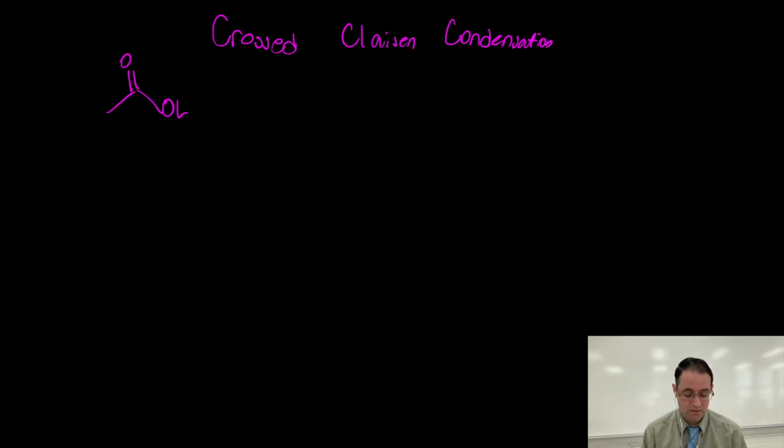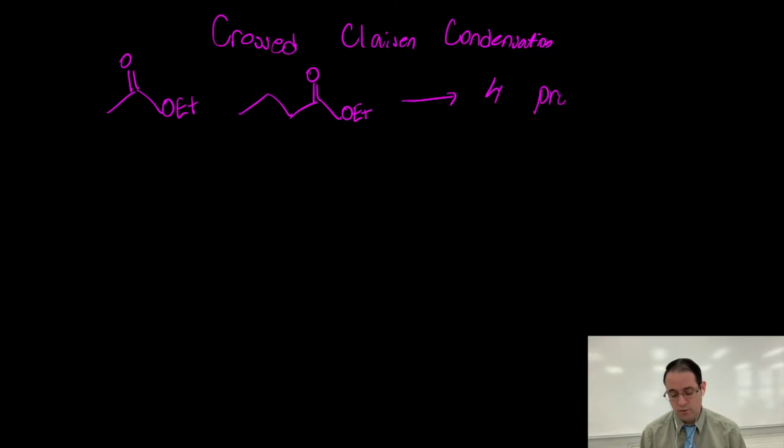So if you have an ester that looks like this, and you have an ester that looks like this, it's going to give you 4 products. It's going to give you a terrible mess, you know, 25% yield of one, 25% yield of the other, and you're going to have to do distillation to separate them all, and it's just a hassle, it's useless. So what we want to do is control this, okay? You control the reaction by using one component that has no alpha hydrogens.